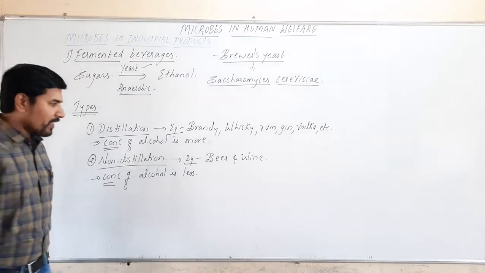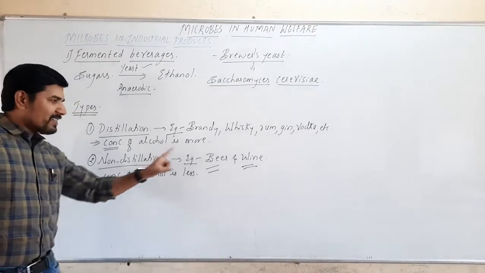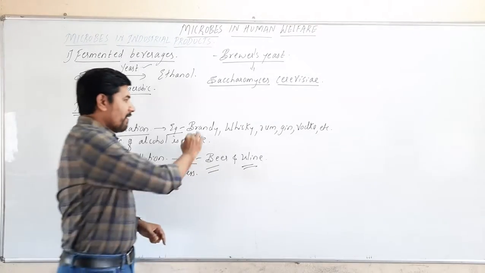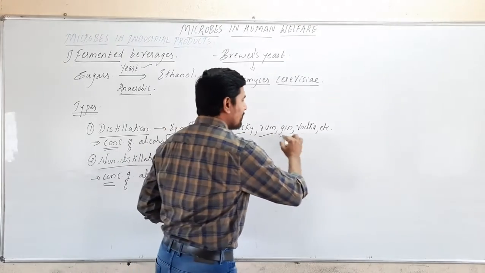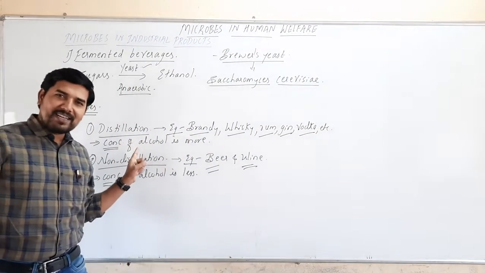That means beer and wine are non-distilled alcoholic products, while brandy, whiskey, rum, gin, and vodka are all produced by distillation.